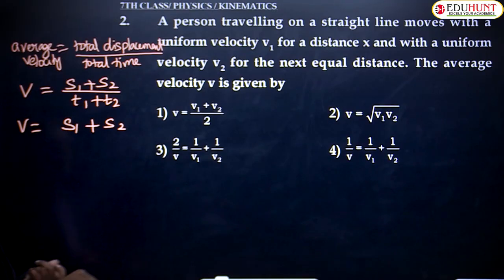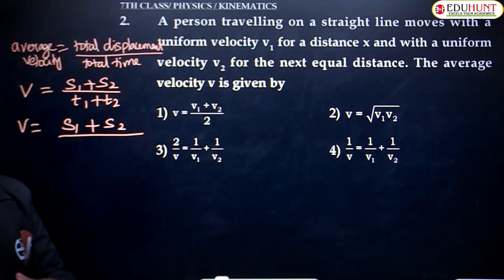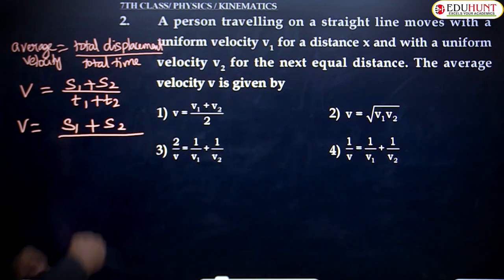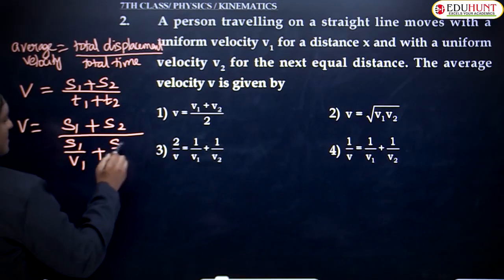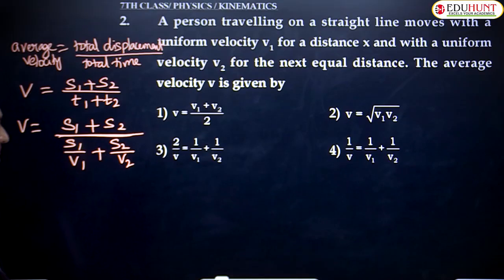Time can be written as displacement by velocity. So t equals s by v. So t1 equals s1 by v1 and t2 equals s2 by v2. Isn't it, children?